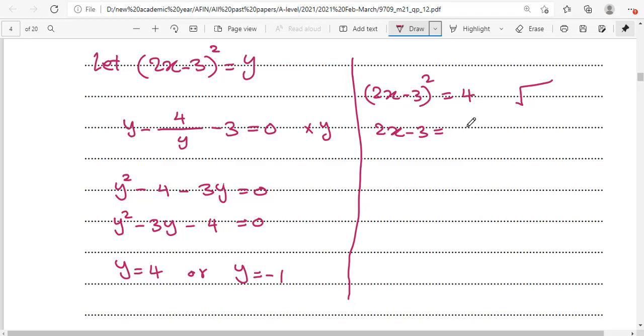And this side, the square root of 4 is 2. This is very easy to solve. Okay, 2x minus 3 is equal to 2, so 2x is equal to 5. Then x is 5 over 2.